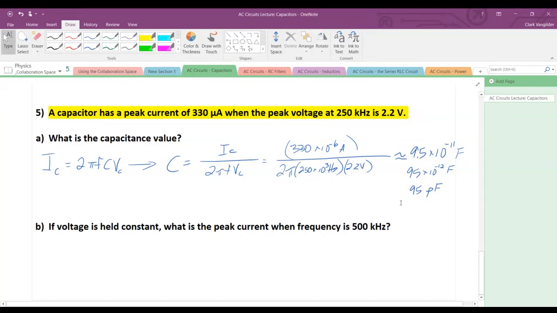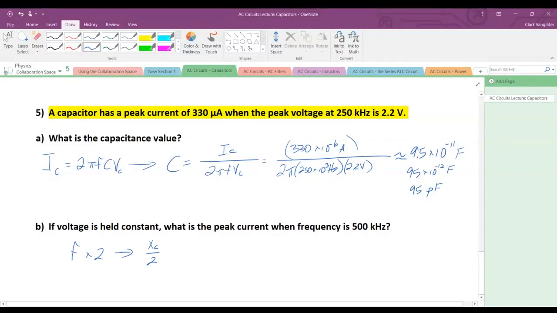If the voltage is held constant, what is the peak current when the frequency is 500 kilohertz? Frequency times 2 is going to mean capacitive reactance over 2.